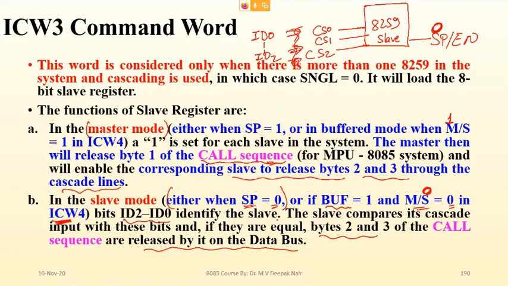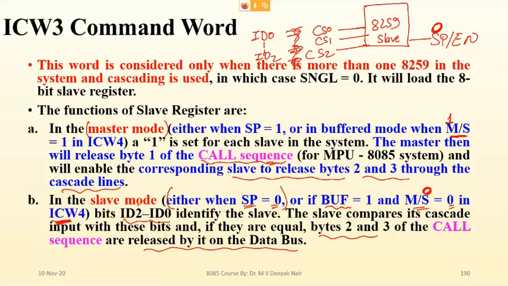Now remember, to identify the master, first check the SP line, or otherwise in ICW4 check the M/S. By looking at these 2 options we can identify whether the 8259 connected in the circuit is master or slave. If it is master, then the first call sequence will be generated by the master only, but the rest of the 2 bytes, the second and third byte, will be provided by the slave through cascade lines.